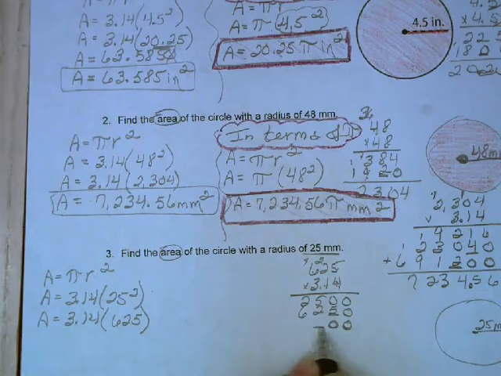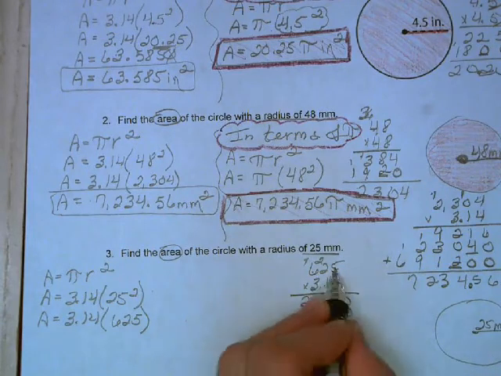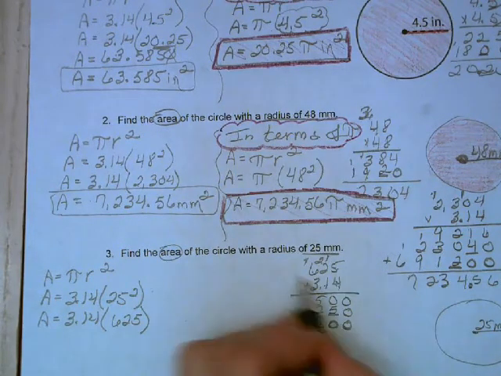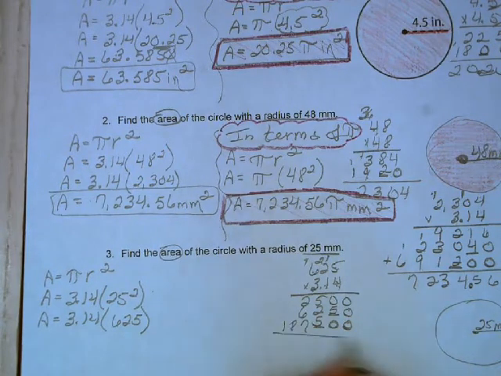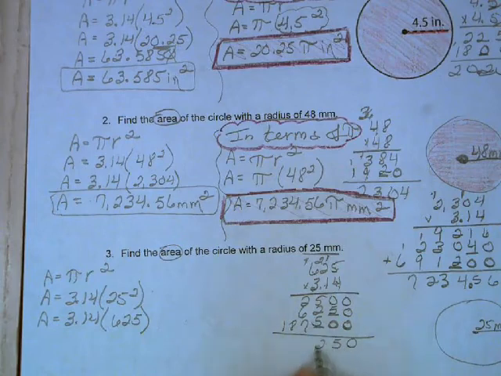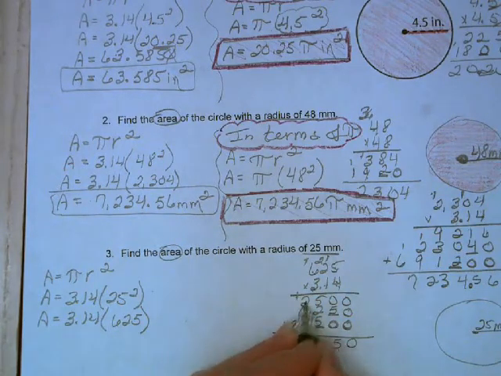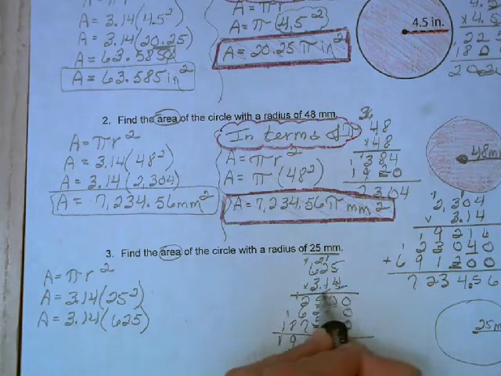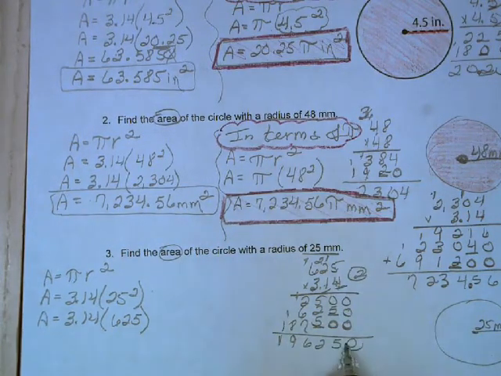Placeholder. Placeholder over 1. I'm in the third column. 3 times 5 is 15. 3 times 2 is 6 plus 1 is 7. 3 times 6 is 18. 0, 5, 12, 14, 15, 16, 9, and 1. This had 2 places, so bring it in.